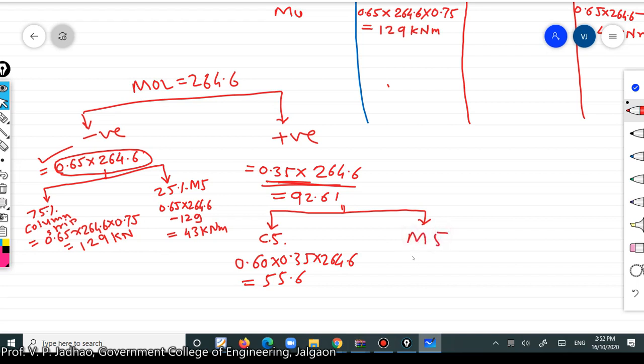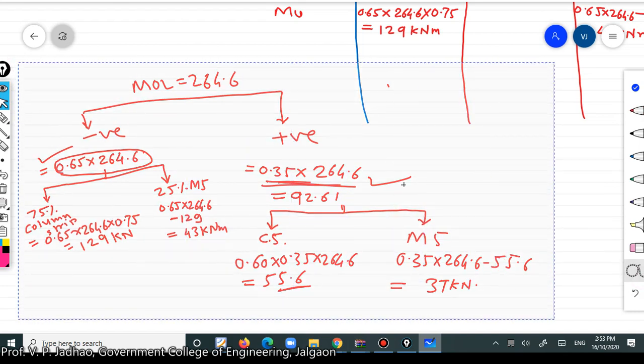So for the middle strip you will get 0.35 into 264.6 minus this, or you can also consider 40% of that bending moment. So 55.6, this comes out to be, I think, 37 kilonewton meter. Okay, so this is how we have to get this bending moment distributed among the column strip and middle strips.